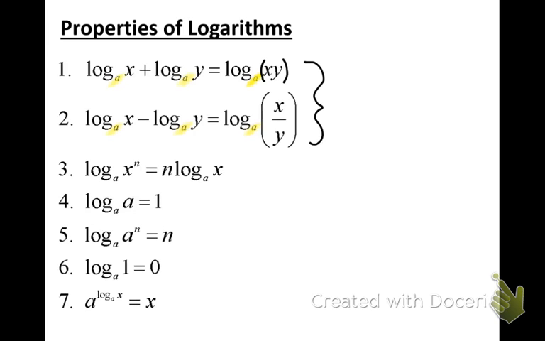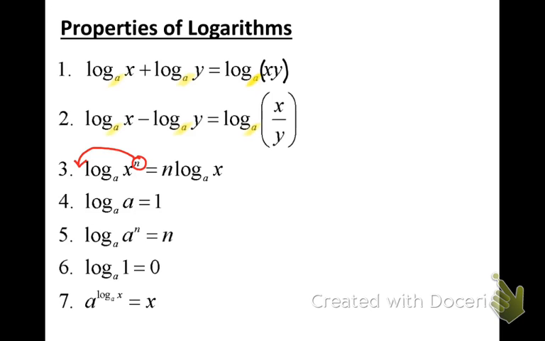All right, now, the next rule is one of my favorite rules. It is a rule in which we have log base a of x to the n. Now, what happens here is I actually can take this exponent and bring it down to the front. And it's the same as n log base a of x.